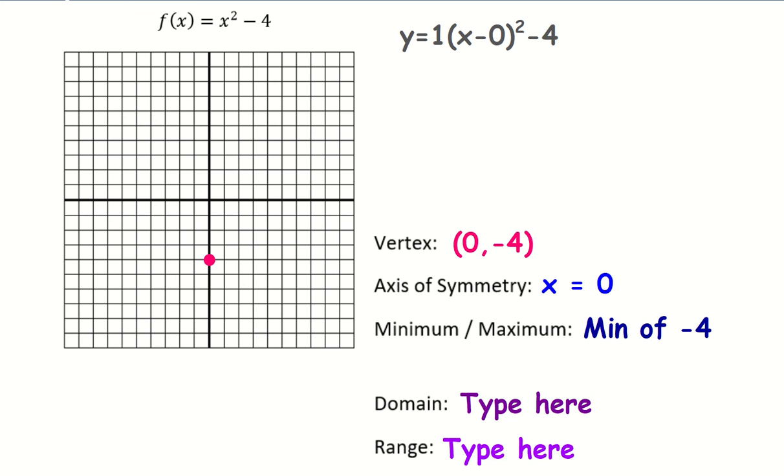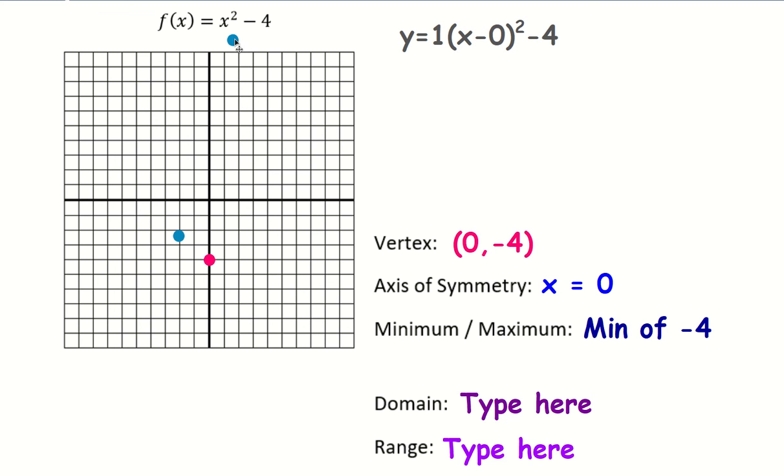And then once again, if you wanted to actually sketch this, you could, well, guess what? We can't plug in 0 because that would get us our vertex. So let's say we were to plug in 1. If you plug in 1 and you do 1 squared minus 4, you get negative 3.